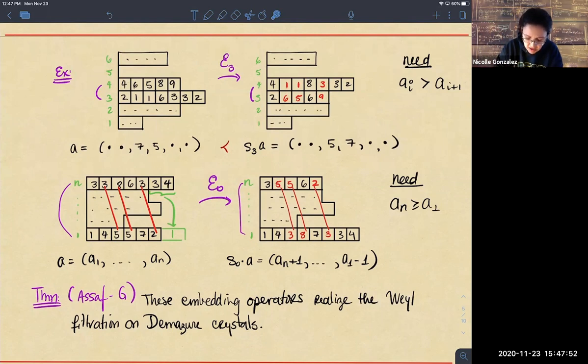And likewise, for the affine embedding, what you want to do is change the topmost and the bottommost row, right? So you make the appropriate changes to the length of the rows, which is basically, you take your first entry and you move it to the end, minus 1. You take your last entry, you move it to the front, plus 1.